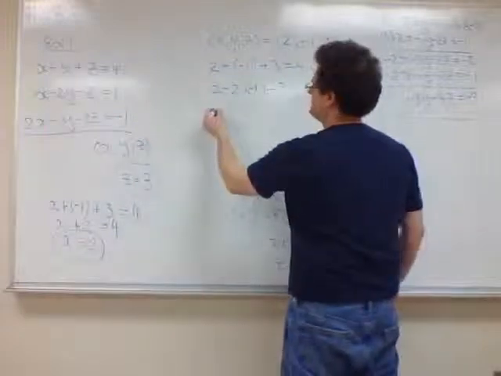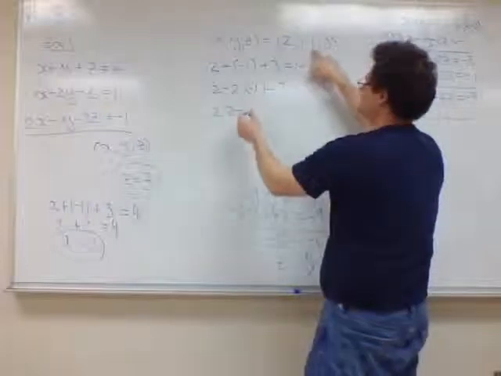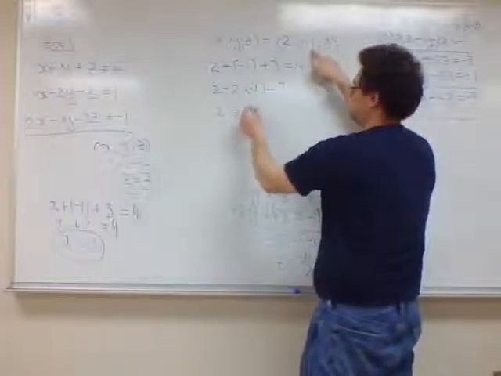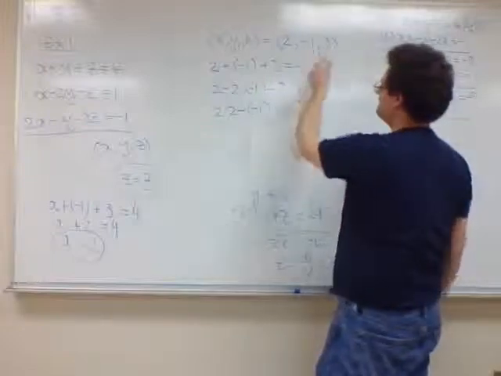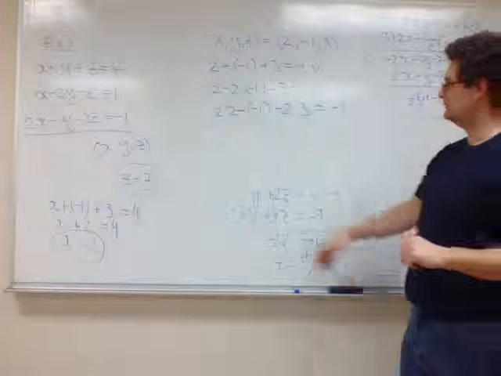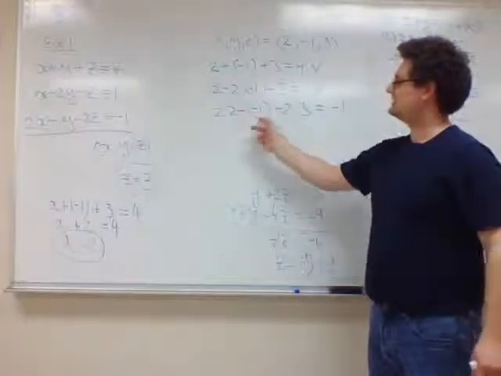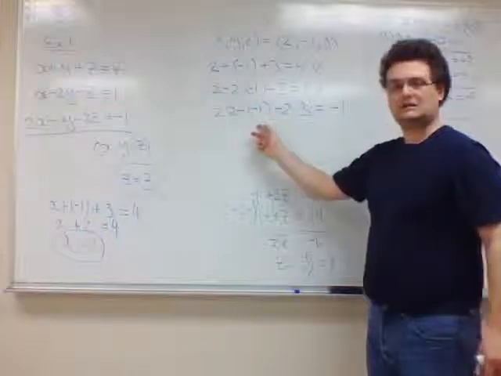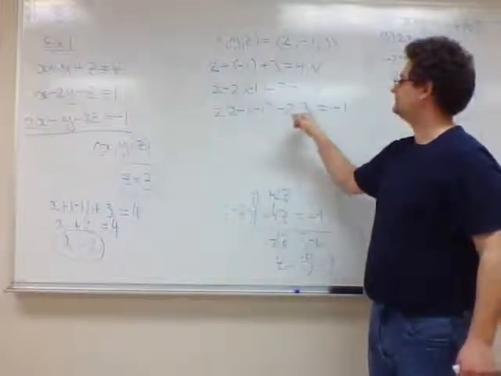So 2x, so 2 times, and x is 2, minus y, and y is -1, so minus -1, and minus 2z, so it's minus 2 times, and z is 3. That should be -1. Now, is it true? So we have 2 times 2, that's 4, minus -1, that's plus 1. So 4 plus 1 is 5, and then we have minus 2 times 3 is 6.